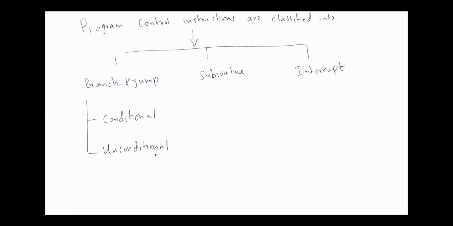The unconditional instructions cause a branch to the specified address without any conditions, like the branch unconditional instruction in the basic computer or the go-to statement in the high-level languages. While the conditional branch instructions specify a condition such as skip on positive accumulator, skip on negative accumulator in the basic computer, the if statement in the high-level programming languages.